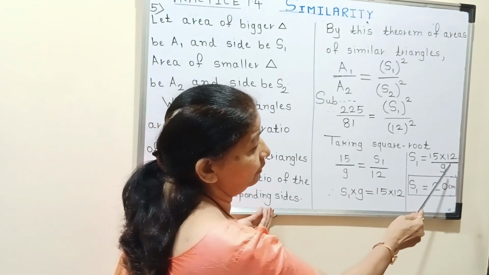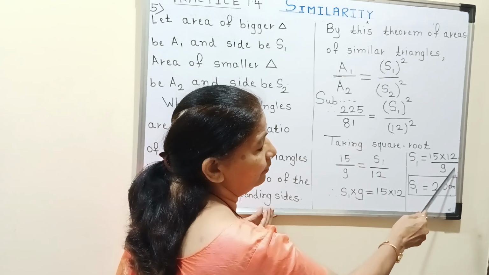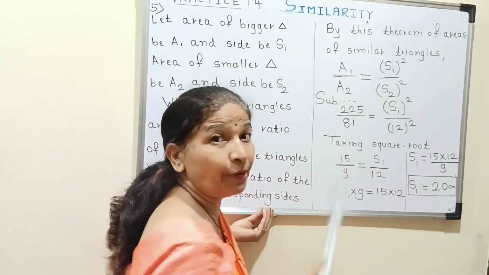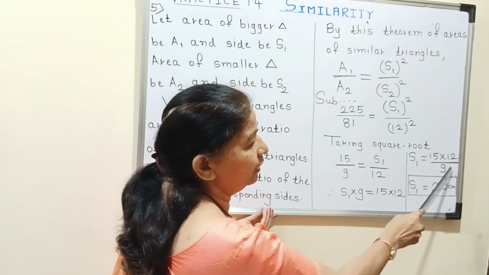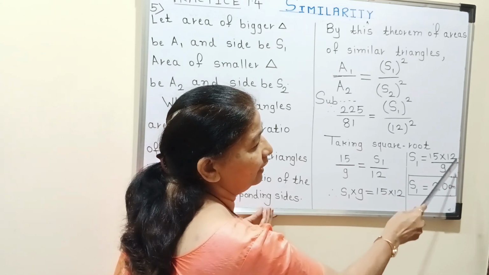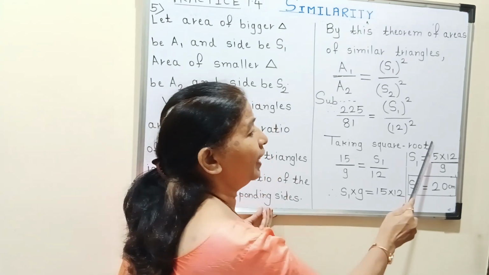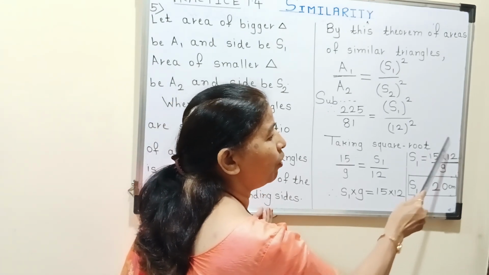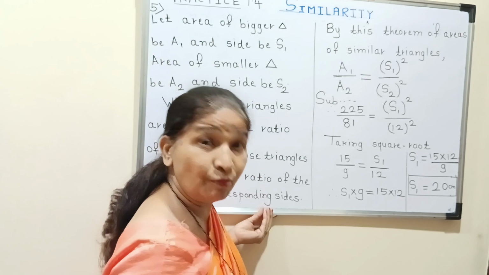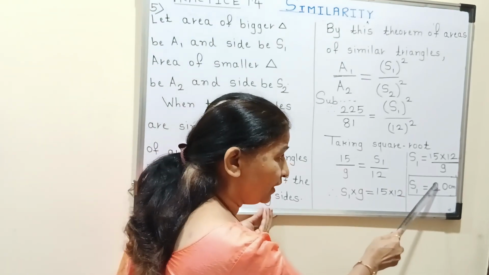See the calculation: 3 3s are 9, 3 5s are 15. Again 3 is here, 3 1s are 3, 3 4s are 12. In this way, 5 into 4, 5 4s come as 20.